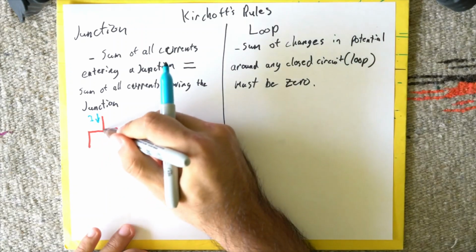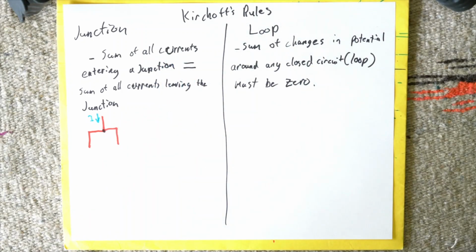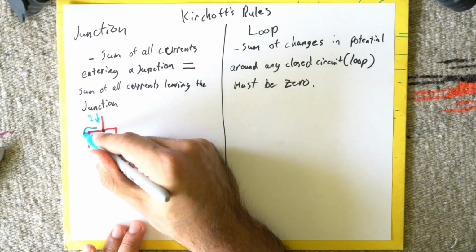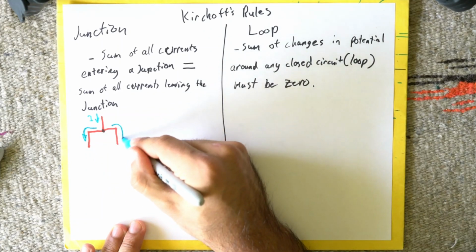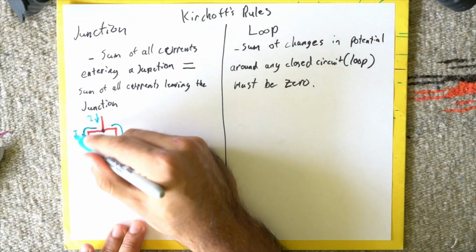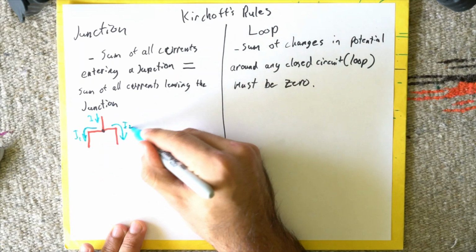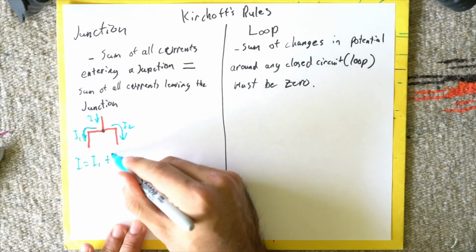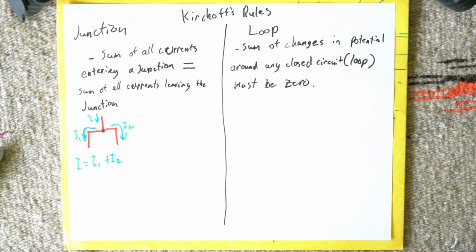So the current coming in is going to equal the current going out. I can call that just I, and then I1 and I2. So that means that I will equal I1 plus I2. And then also that works in the reverse order.